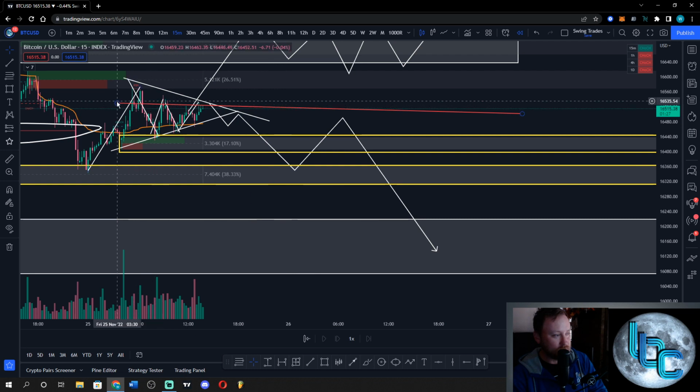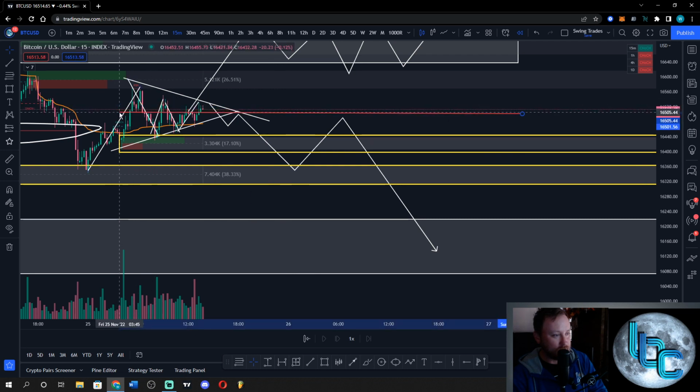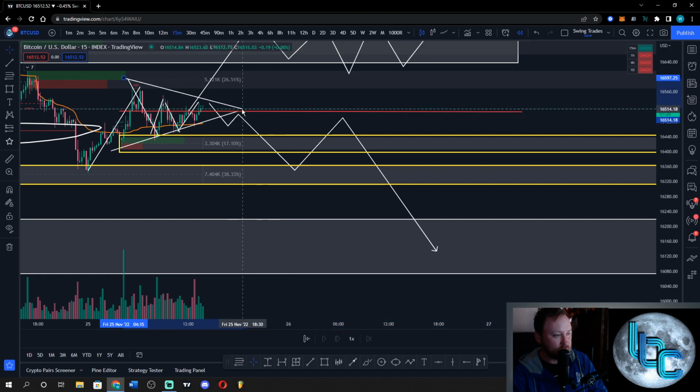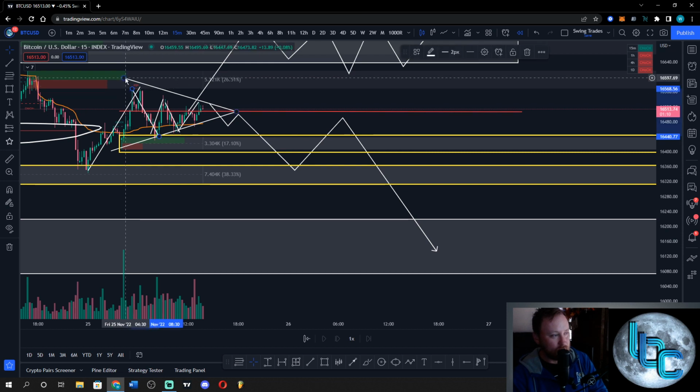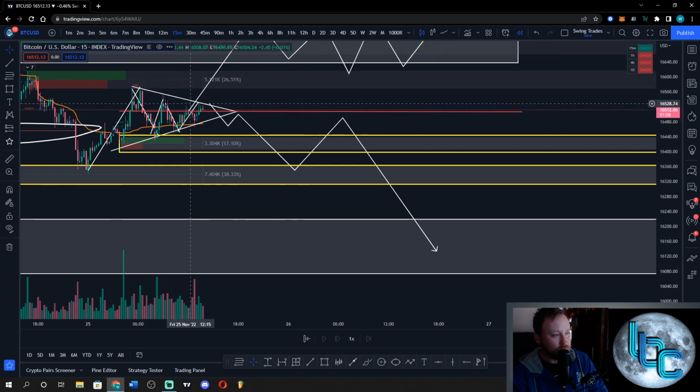If I can get it to center out correctly, right there, and then right there where the two points meet. And that is because price action is trading within this range, right? And the tighter, there we go.